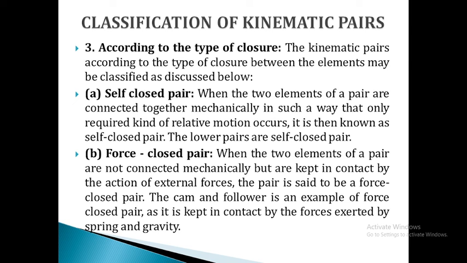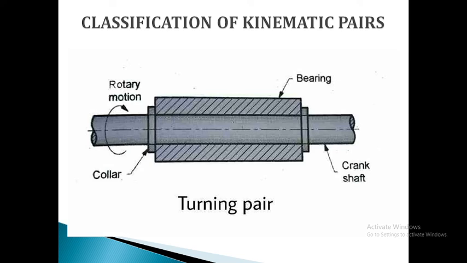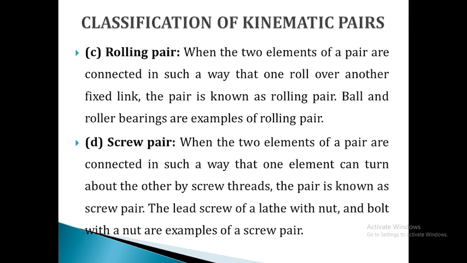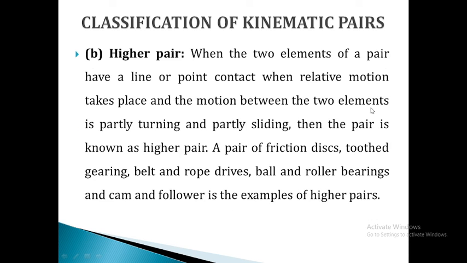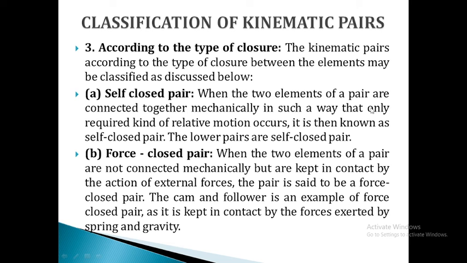Okay, so we can classify the kinematic pairs based on three methods: according to the relative motion between the kinematic pairs, according to the contact between the kinematic pairs, and according to the type of closure between the kinematic pairs.